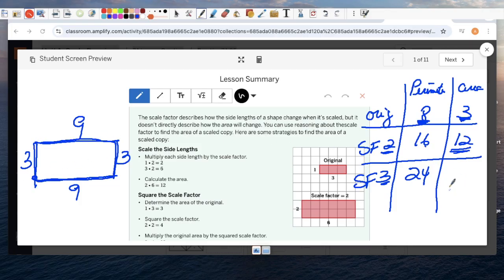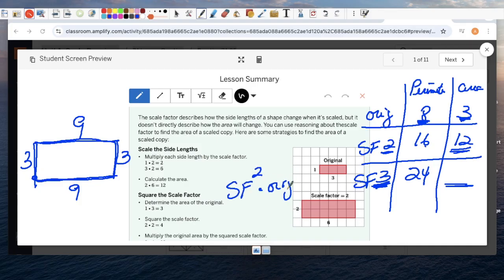But what about the area? What if you didn't want to draw, or count? Well, you can obviously multiply 3 times 9 to get 27. But what is the pattern that we're looking at? Well, the pattern says that if I take the scale factor, square it, so in this case, scale factor to the second power times the original.